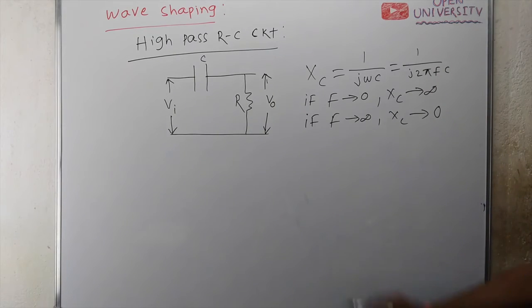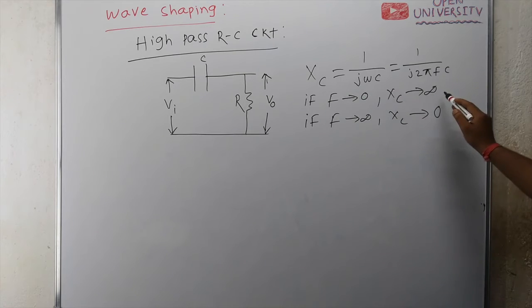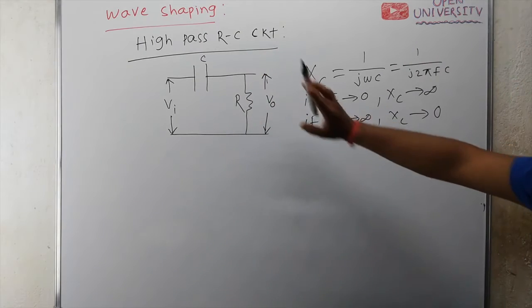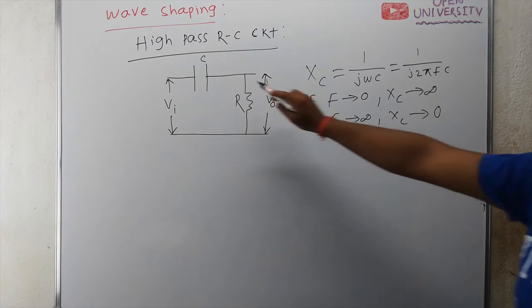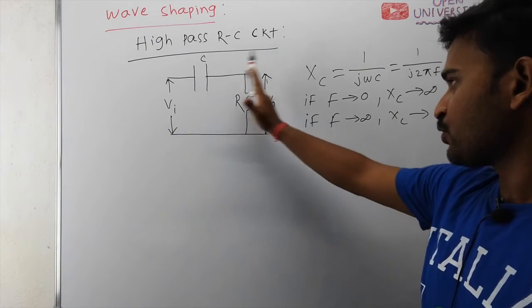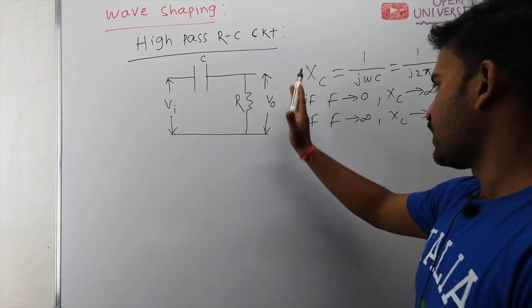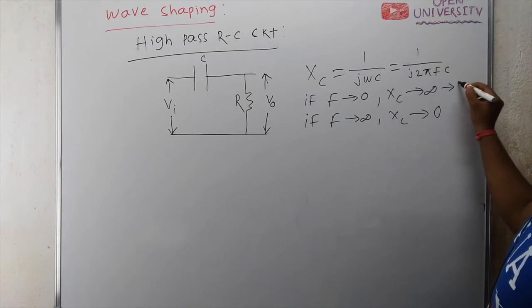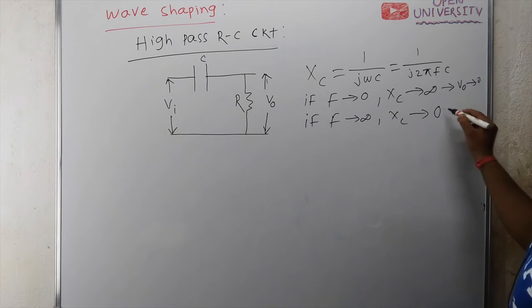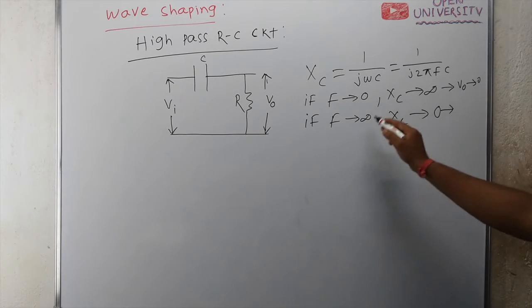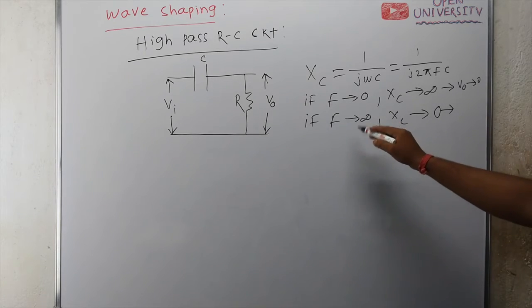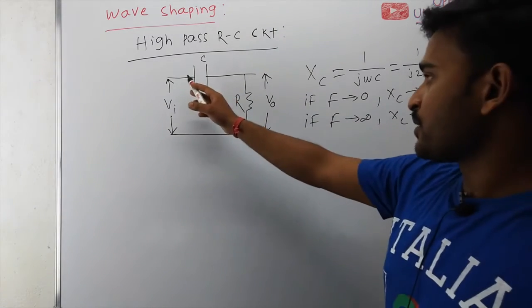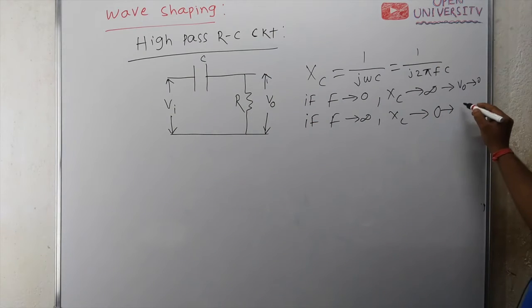This indicates if Xc tends to infinite, that means your capacitor will become open circuited when frequency is low. If capacitor becomes open circuited, no signal will come to output. Output becomes 0. But when input frequency is infinite, then Xc becomes 0 and it will become short circuited. Output voltage is same as input voltage.